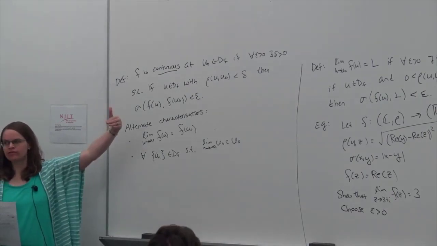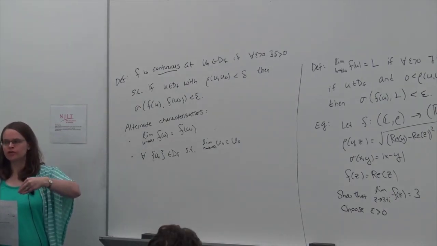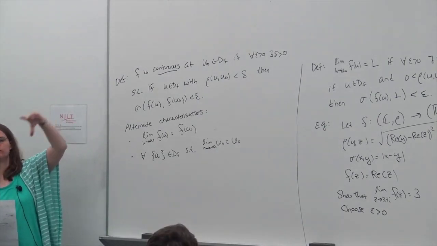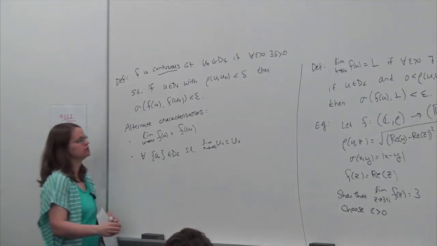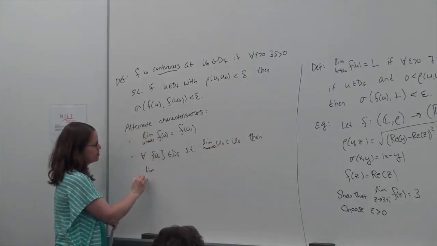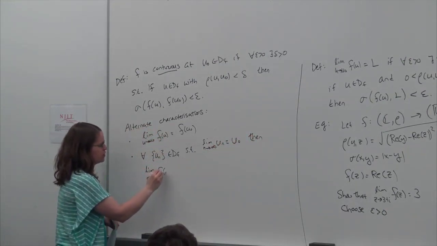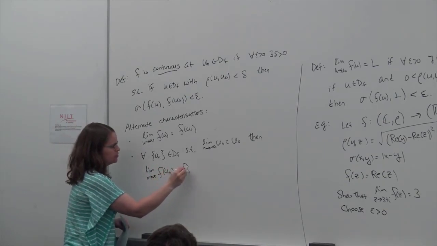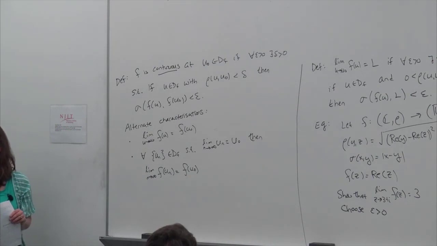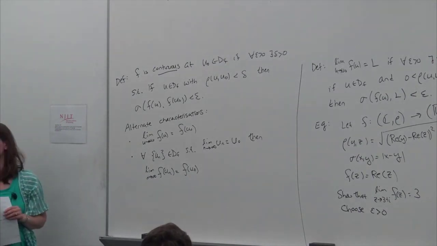It says if the sequence converges to u naught, then if we take the function and apply it to the sequence, the function values will also converge to the function value that we want. So then the limit as n goes to infinity of f of u_n equals f of u naught. This is a theorem, yeah.